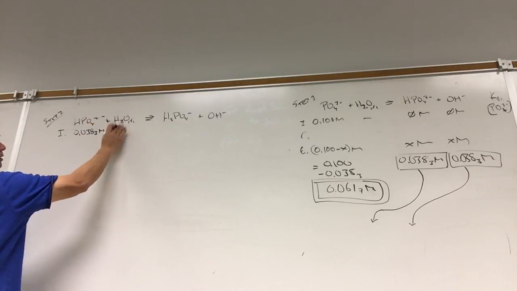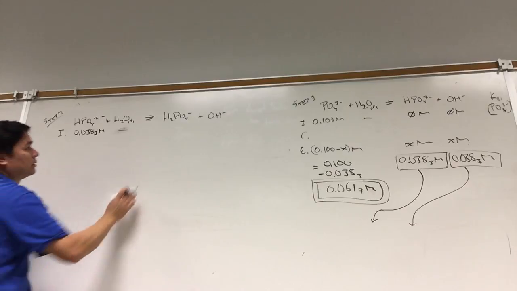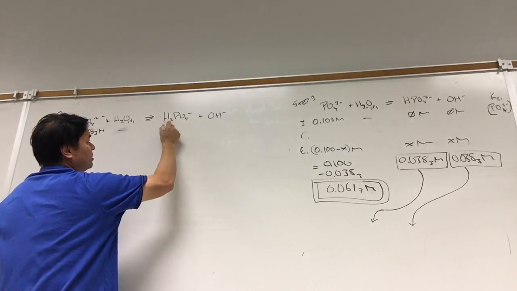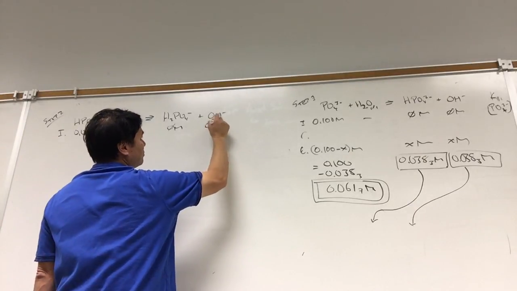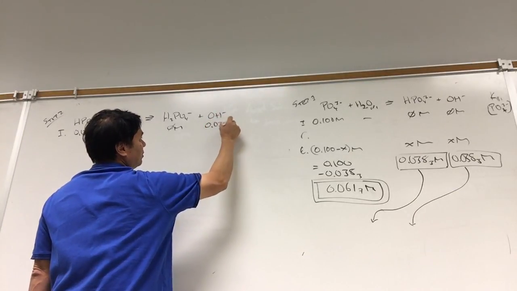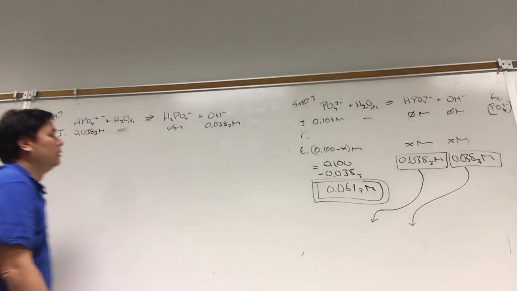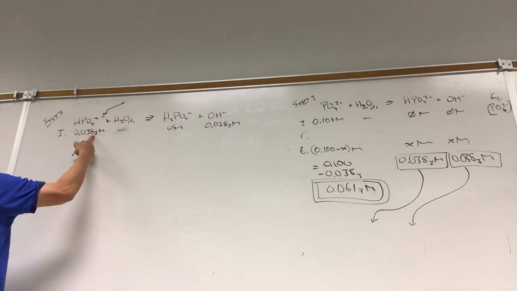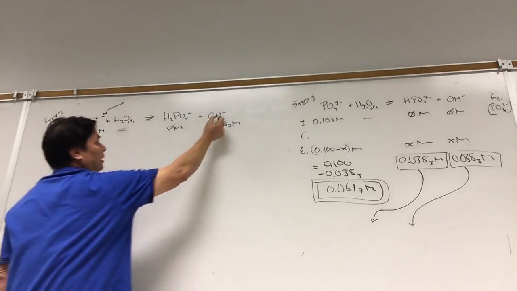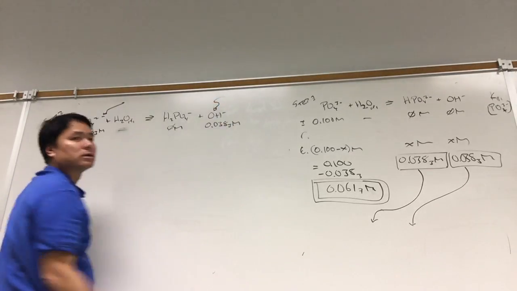The water is zero. Actually, water is nothing. We don't treat that. For the dihydrogen, we assume none of it has split up yet, and the hydroxide is from the previous step, 0.0383 molar. So from step 1, we have some monohydrogen phosphate and some hydroxide.